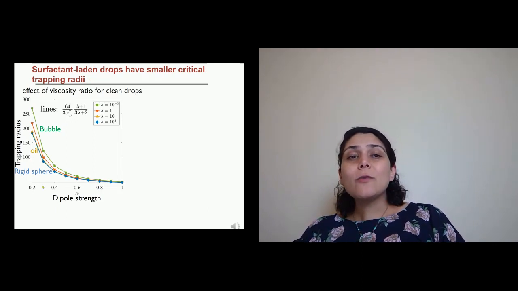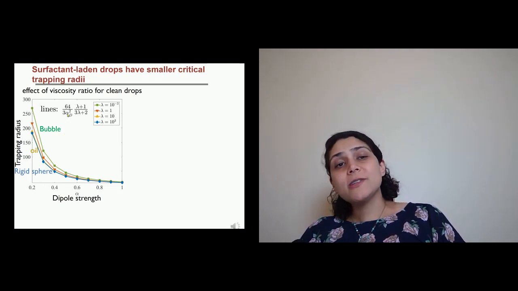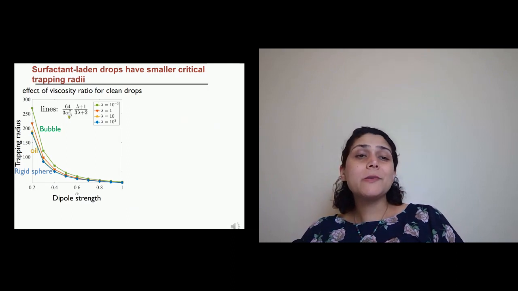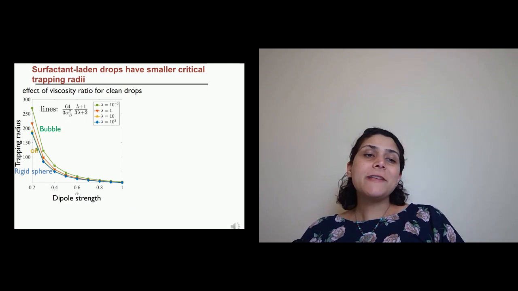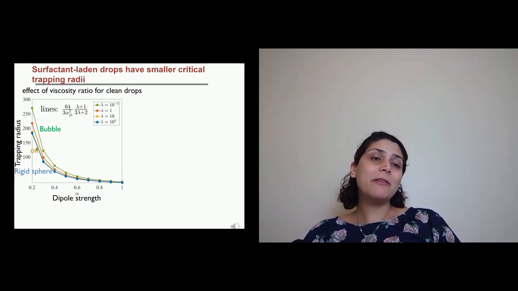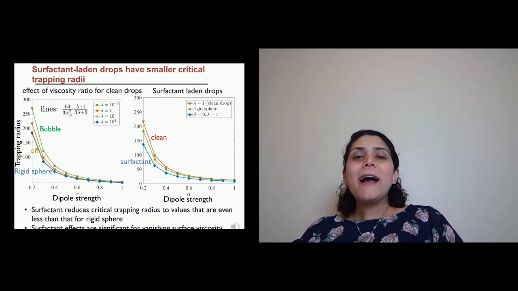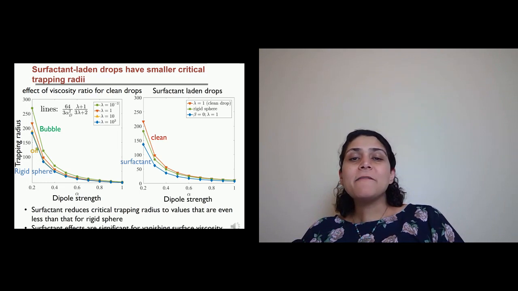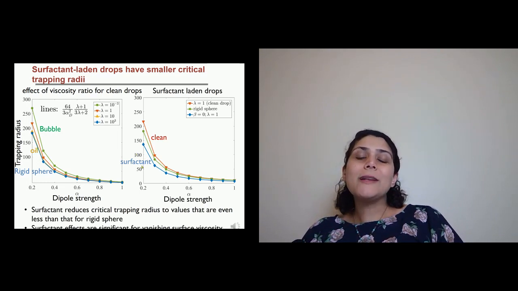It decays as 1 over alpha squared, where alpha is the dipole strength, so hydrodynamics matters a lot, but the viscosity ratio is also important. For a rigid sphere, for example, hydrodynamic attraction is more, so the trapping radius gets less. If you add a surfactant, we see a non-intuitive effect in the sense that the surfactant leads to even more attraction near droplets compared to a rigid particle, which is hard to explain.